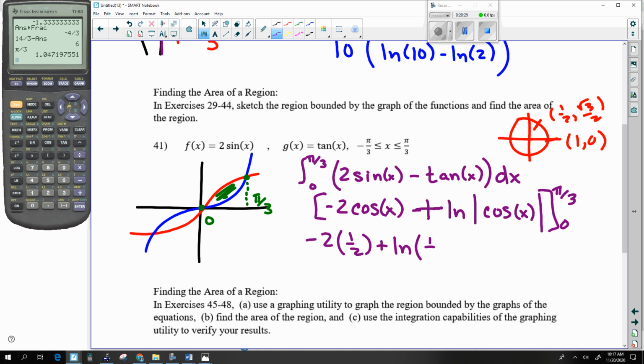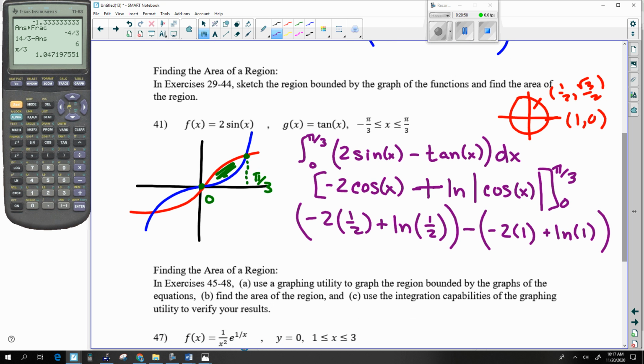Again, that's 1/2. Minus 0, so that's negative 2 times 1. And again, that's going to be 1, so plus ln of 1, which is 0. That's going to be 0.